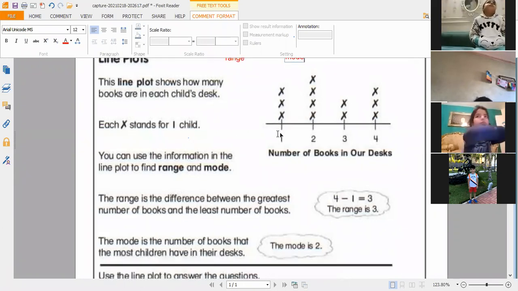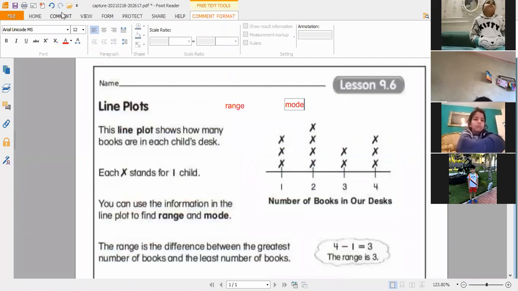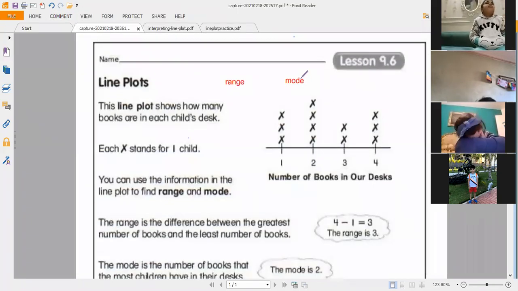Okay, what's the meaning of the range? We said the mode is the most repeated number, which is 2. And the range is the difference between the greatest number and the least number.